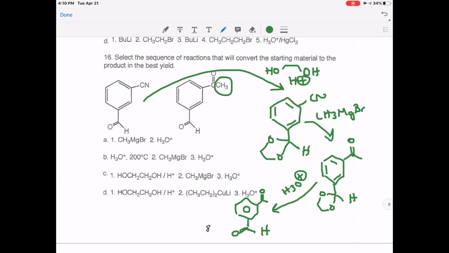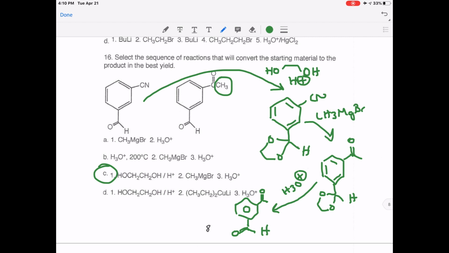And answer choice C best matches our description. But let's go through the other choices to see why they would be ineffective. First off, for choice A, if we were just to use the Grignard reagent and then some aqueous acidic solution, as we mentioned earlier, the aldehyde is vulnerable to attack.